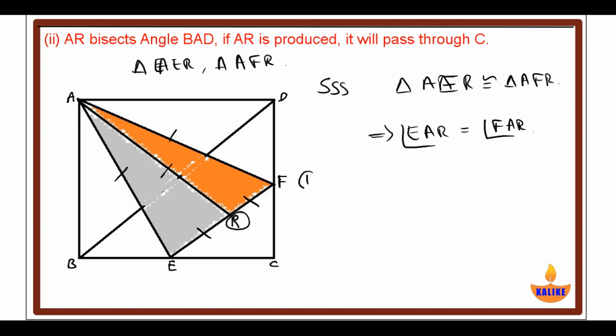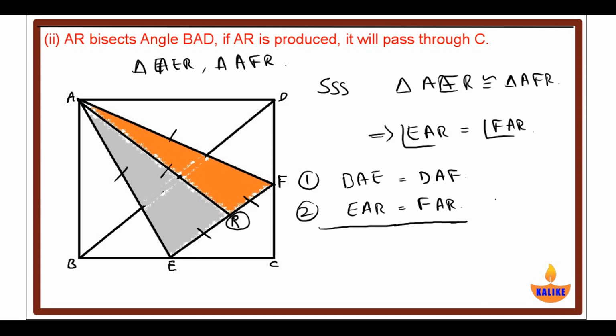Now, we have already proved BAE angle is equal to DAF angle. Now, we have proved EAR angle is equal to FAR angle. Add these two equations, BAE plus EAR gives BAR angle. Similarly, DAF and FAR angle gives DAR angle.